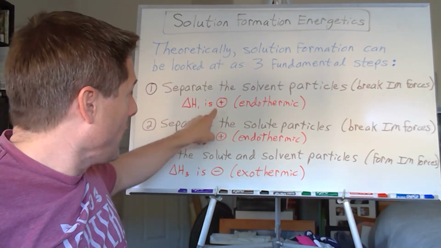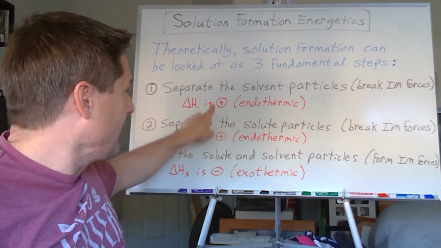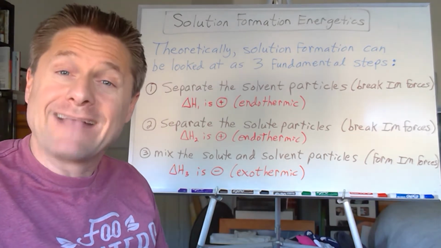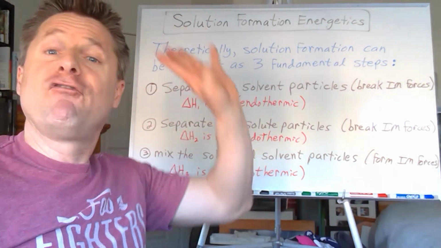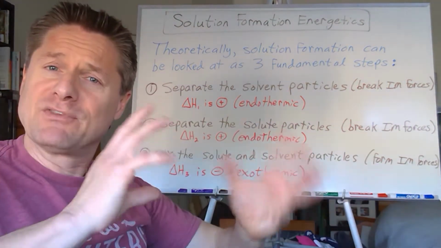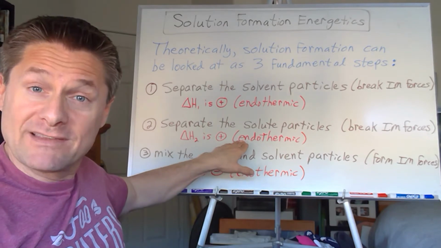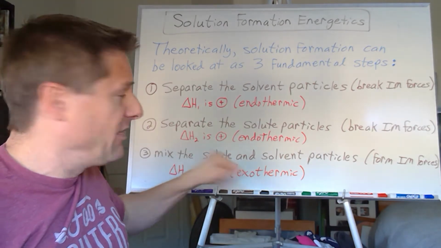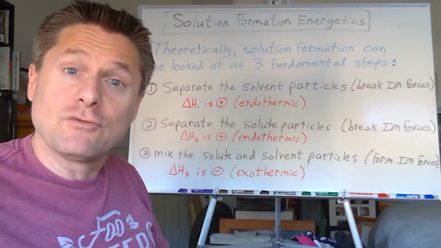If this overwhelms those, you have an overall negative or exothermic process. If this is less than those, you have an overall positive or endothermic process. That gives you different types of solutions. So let's look at the 4 possible scenarios based on the intermolecular forces between the pure components, the solvent with itself and the solute with itself, and the solute and solvent after they mix. That may be favorable or not so favorable.